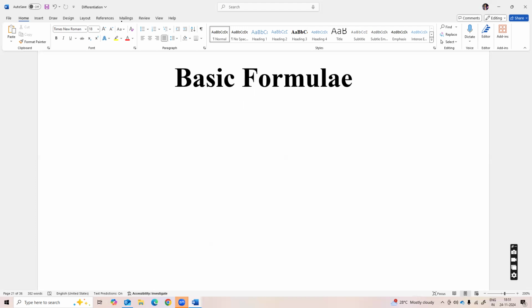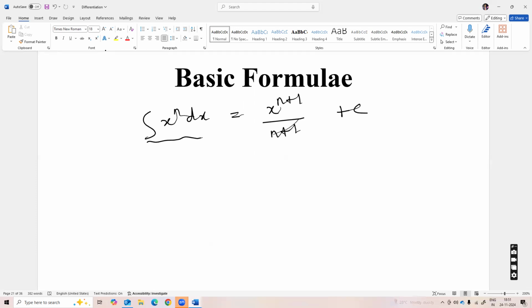Now if we have to find the integration of x to the power n dx, its value is given as x to the power n plus 1 divided by n plus 1 plus c.